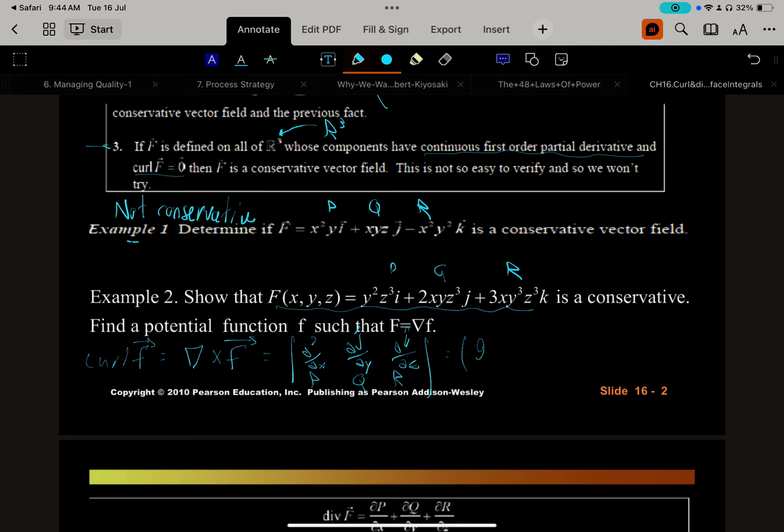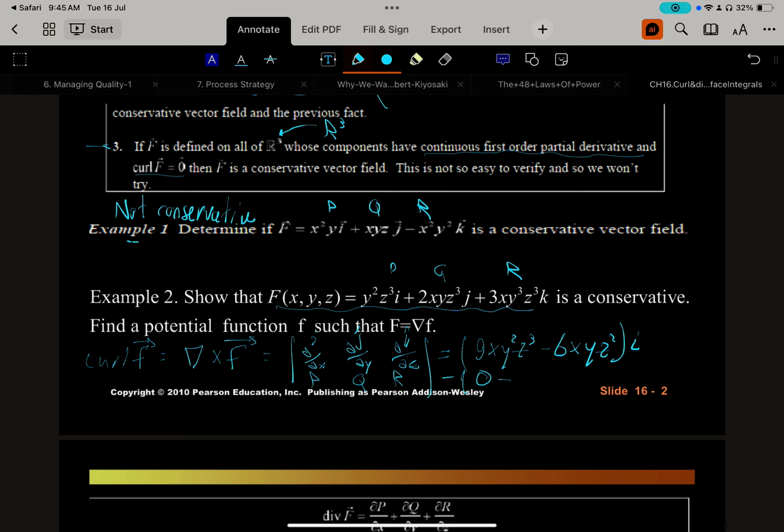and we have 9xy squared z cubed, minus Q_z, which is 6xyz squared. Okay, and then we have Q_x, which is, as you can see, 0, minus P_z.